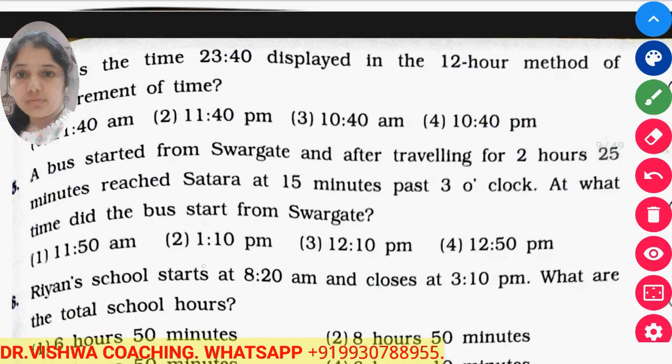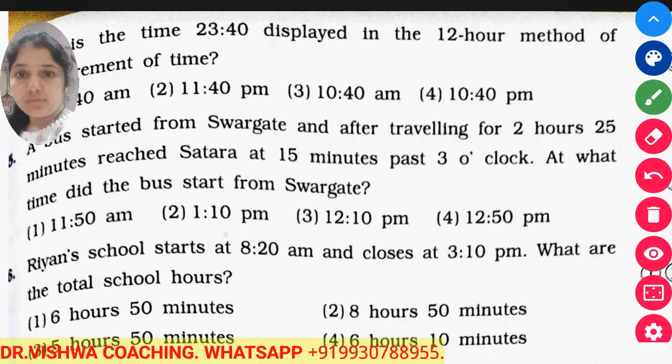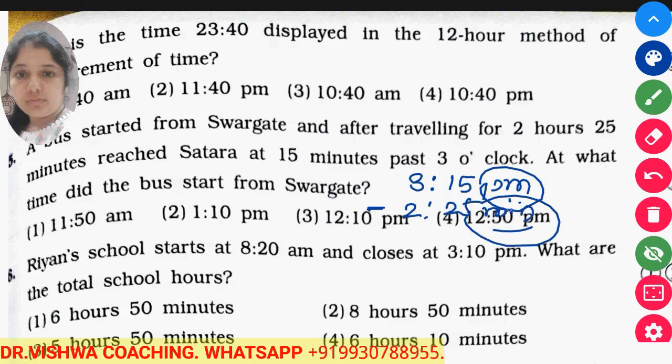A bus started from Swargate and after traveling 2 hours 25 minutes reached Satara at 15 minutes past 3 o'clock. At what time did the bus start? Now see, the bus reached at 3:15. p.m. or a.m. is not shown, but consider it as p.m. And you have to subtract this 2 hours 25 minutes from this time.